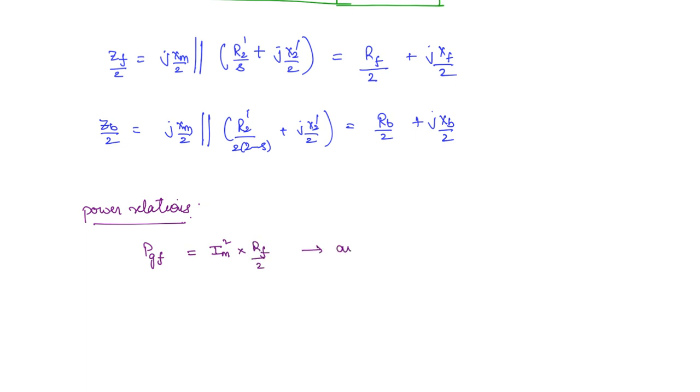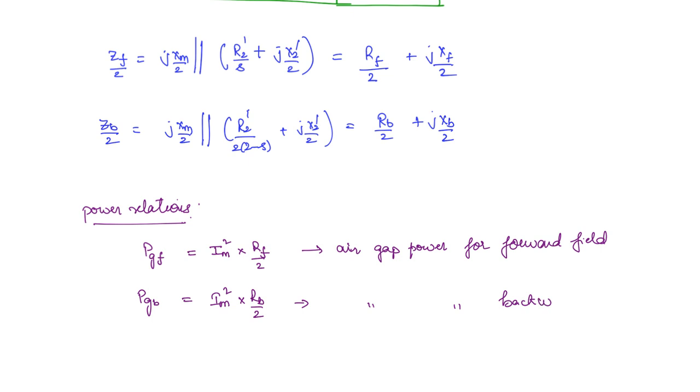This is the air gap power for the forward field. Similarly, you can write the air gap power for the backward rotating field. This is Im square into Rb by 2. This is the air gap power for the backward or reverse rotating field.